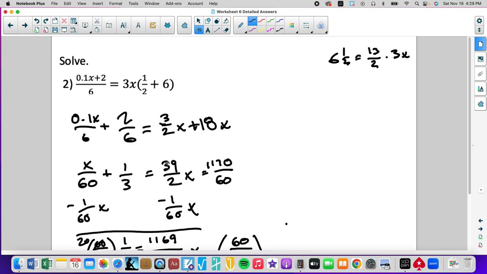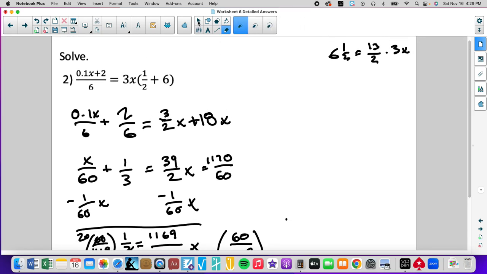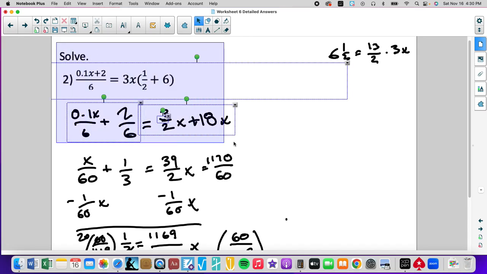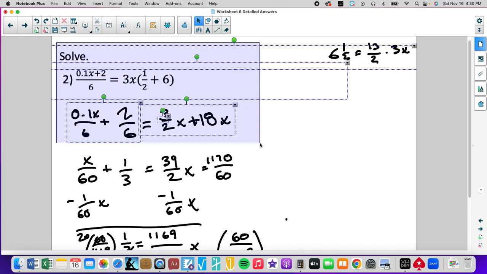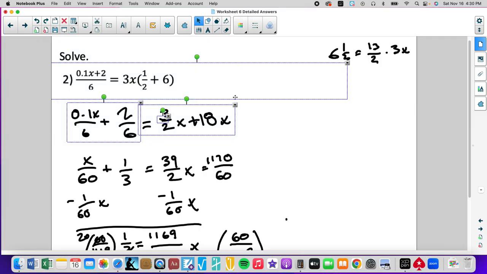And I mean, could I multiply both sides by, okay, I could do this. So let's do this. Let's go backwards a little bit. Let's take this.